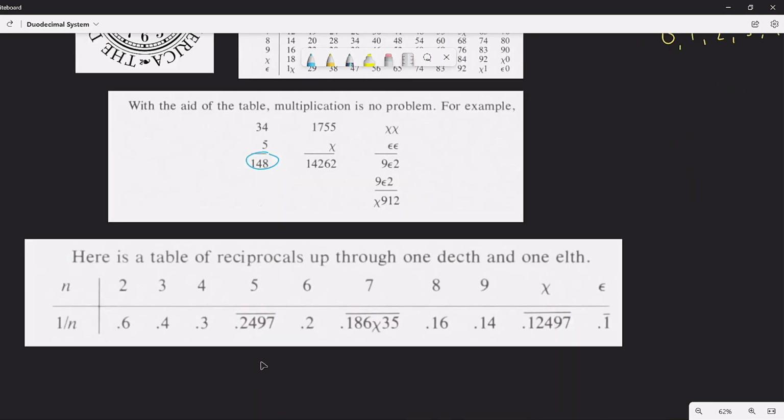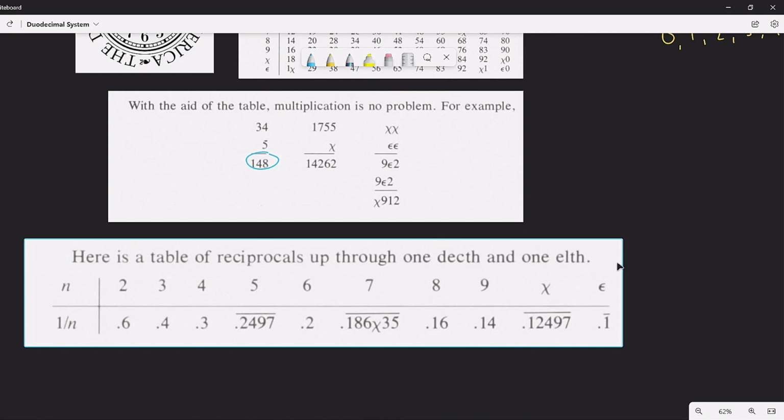And then we can even see how difficult fractions become to conceptualize. So n equals 2: 1 over 2 is 0.6 instead of 0.5. For 3, 1 over 3 is 0.4. 1 over 4 is 0.3. 1 over 5 is 0.2497, repeating.